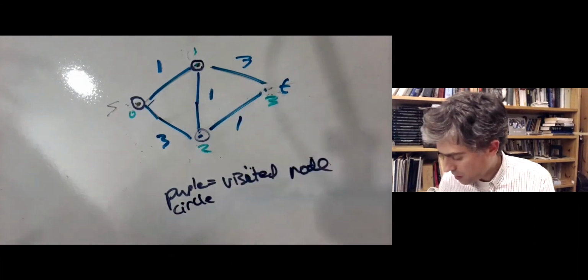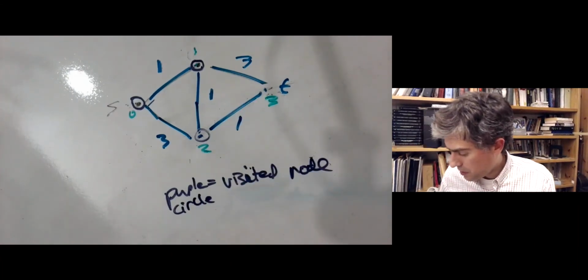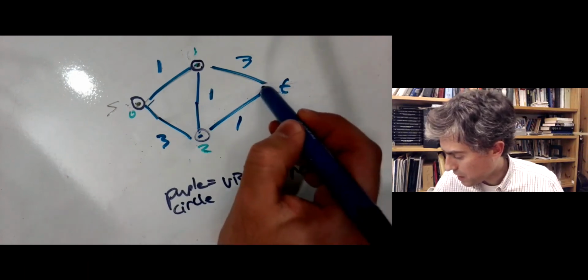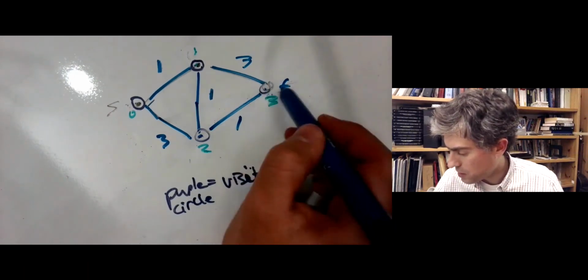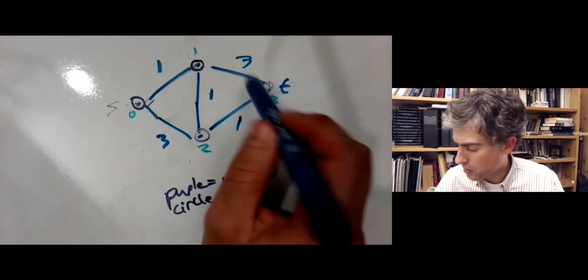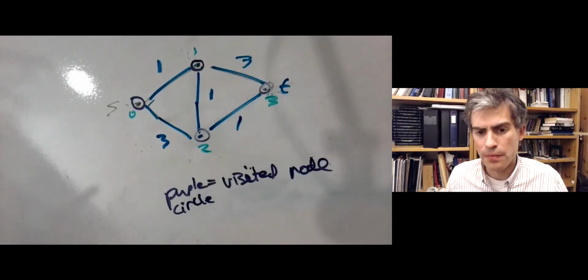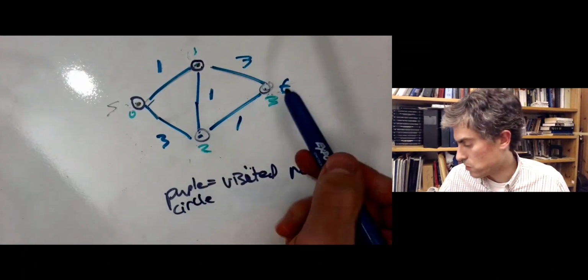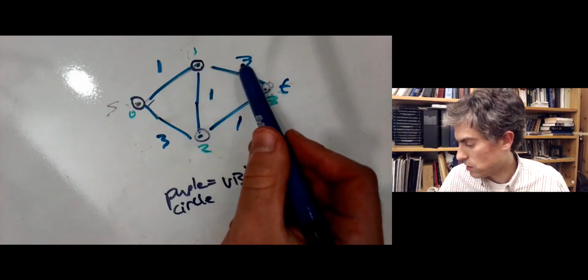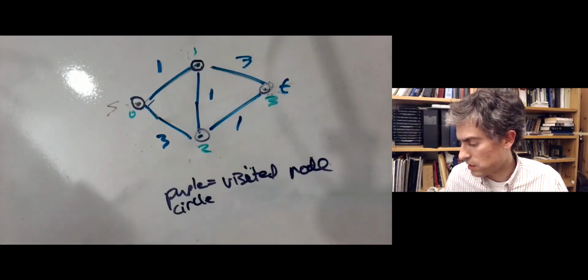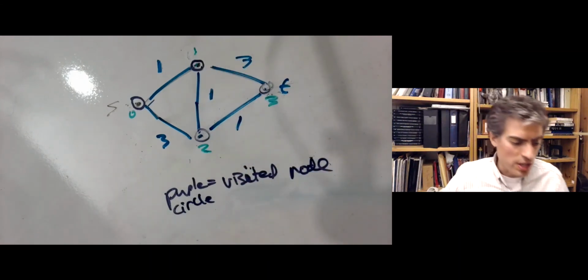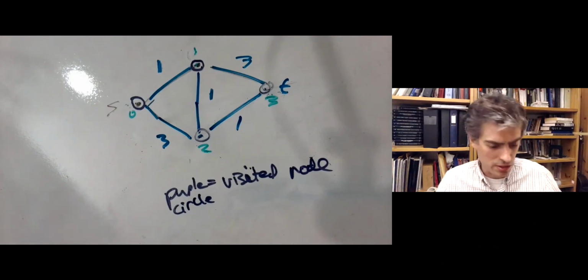Okay. And finally, we would visit this last one. But of course, at that stage, since this is the very last one, there's nothing that changes. Okay. At least for this one, it doesn't change. It could potentially change. Well, no. If it's the last one, I think nothing changes. Okay, so that is Dijkstra's algorithm in a nutshell with a very simple example.